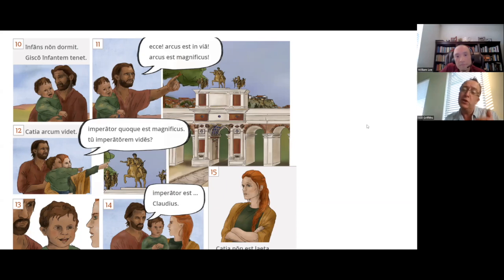The students don't know this at this point. We're only in chapter 2, but they'll find out that her whole family has been killed in London, in Britannia. And so how is she going to react to seeing the statue of the emperor who launched the invasion? Well, you can see there from her face, and you can sort of see the text.